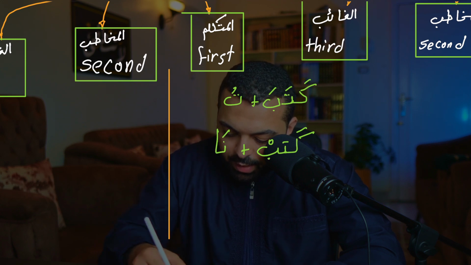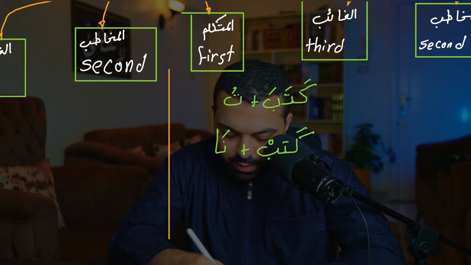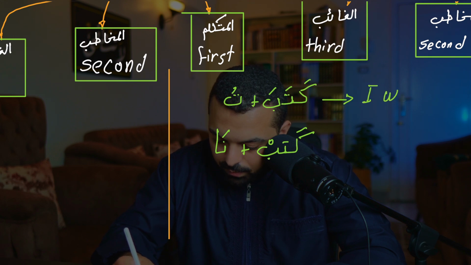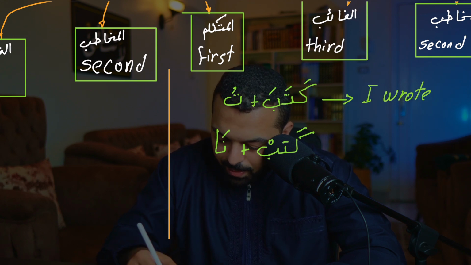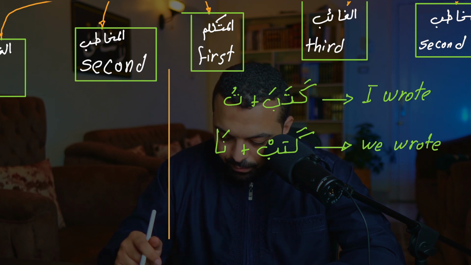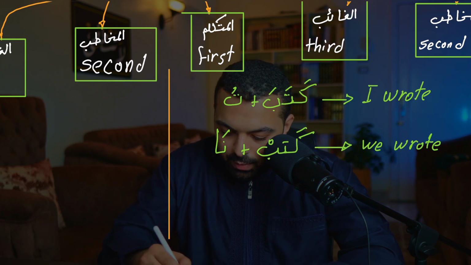Na means we. So كتبتُ means I wrote, and كتبنا means we wrote. That is the first thing, which is ضمير المتكلم.